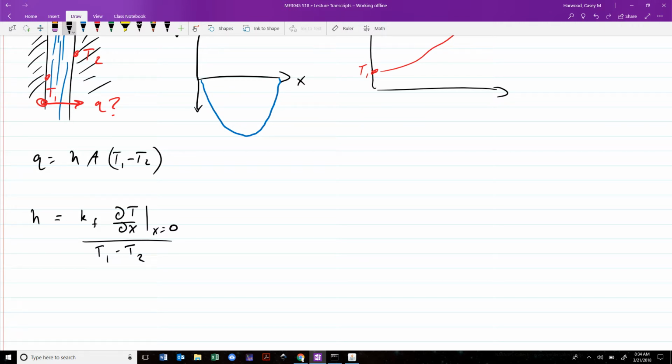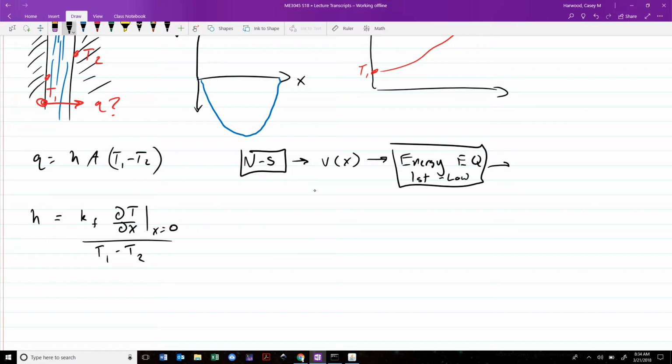Essentially, what we did was we solved the Navier-Stokes equations to get V as a function of x, and we plugged that into the energy equation, which is just a statement of the first law of thermo.